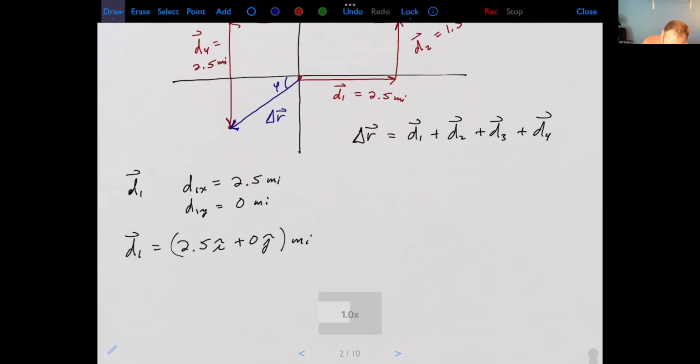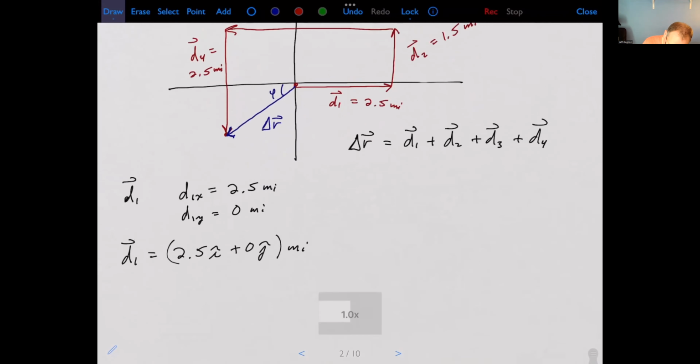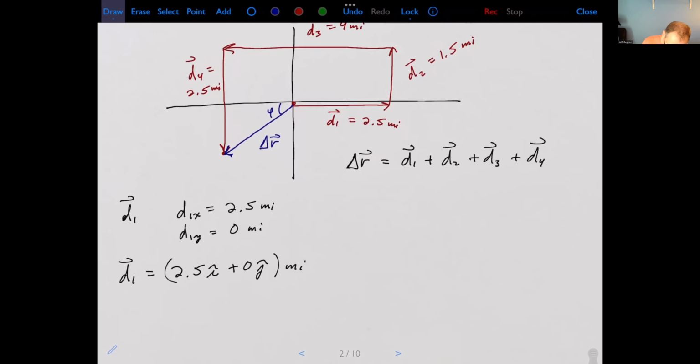Okay, D2. Let me stay here so I can see the picture. So let's see, the X component of D2. Well, again, just by looking at this, I don't even need to do any trigonometry. It's pointing straight up, right? So there is no X component. So the X component is 0.